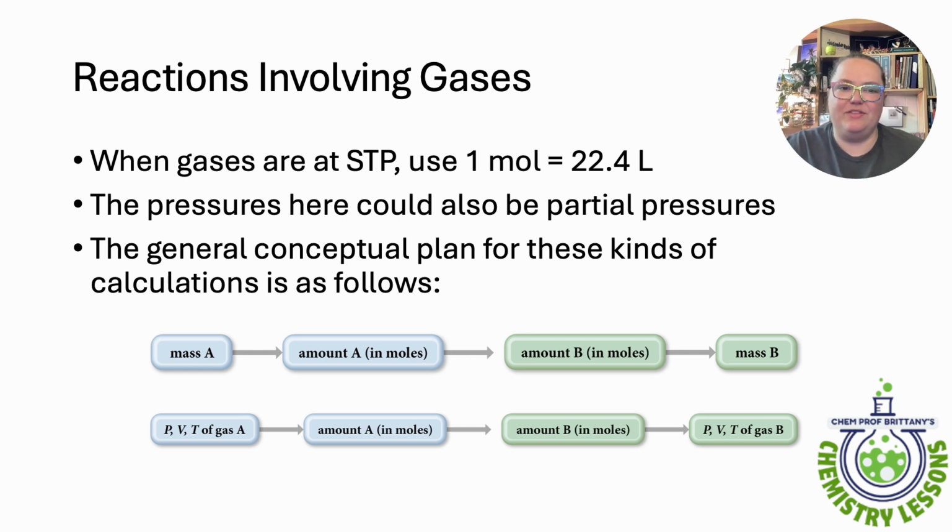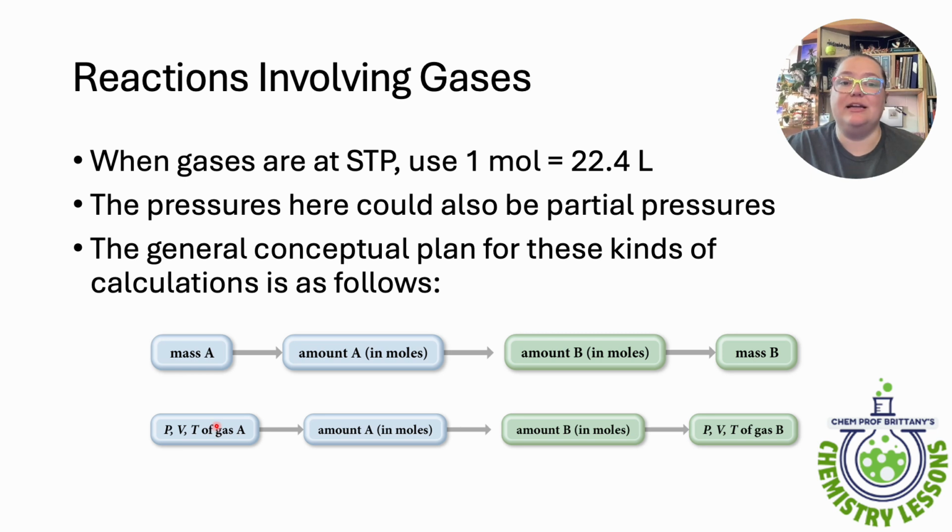And we have this sort of general concept map here, right? Normally we have our mass of whatever gas it is. We convert that to moles. We then get to moles of whatever we're looking for and convert that to mass. In this case, when we're talking about gases, we use the values that were given, pressure, volume, temperature.